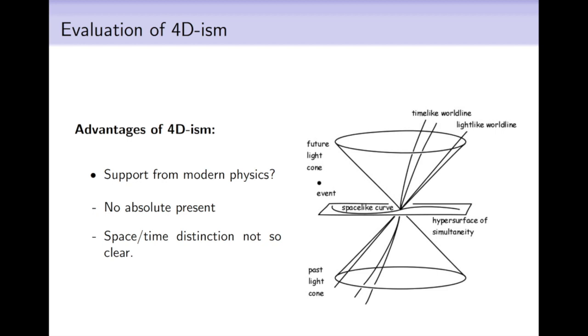Setting that aside, which is the better view, right? Is a four-dimensionalist or Perdurantist view the better view, or is a three-dimensionalist or relationist view the better view, taking into account factors other than the problem of change? We might end up thinking that, well, if one view is much better generally, then we should just endorse whatever its solution to the problem of change is, provided that that solution is at least somewhat adequate.